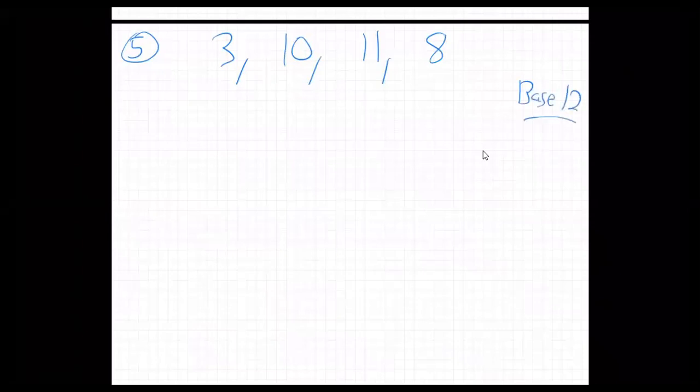So how about 3, 10, 11, 8. So this is a base 12 number. Notice that it puts commas between the numbers.